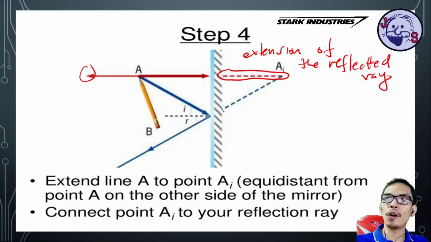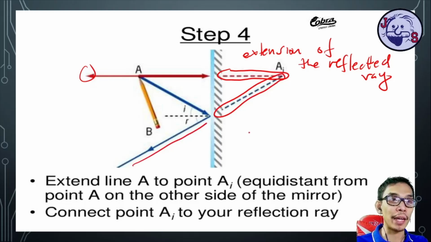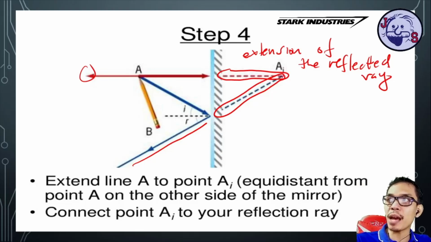Also, these blue broken lines over here are the extension of the reflected ray. Now, when those two broken lines meet behind the mirror, this is where the top part of the image is formed.